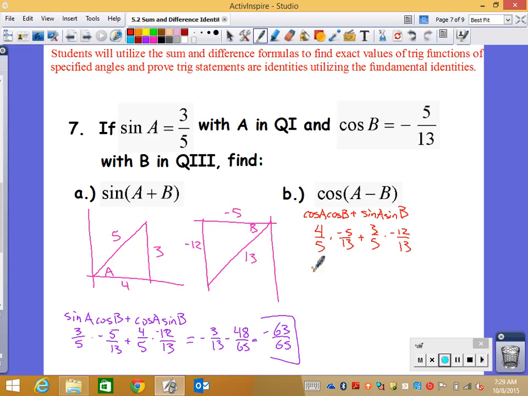Again, simplifying both terms. My first term is negative 4 over 13. Minus, I have a minus sign here that turns the plus to a minus, 36 over 65. Or very finely simplified, negative 56 over 65. That's my final answer.